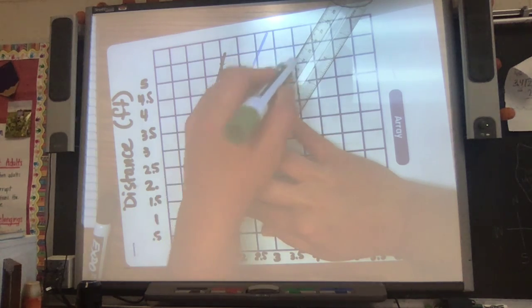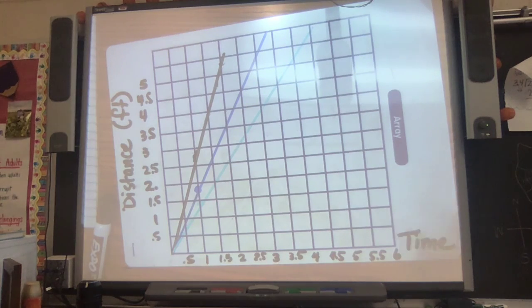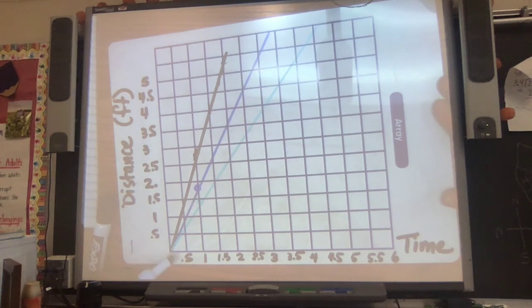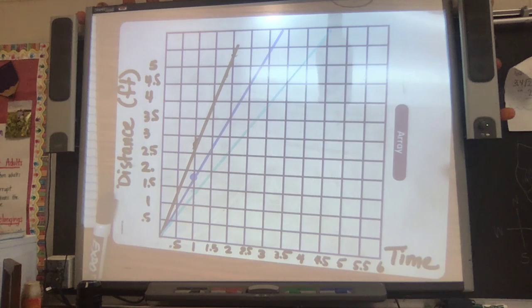We're going to draw a line. And we see that the slower our car goes, the lower the incline on our graph. So the faster it goes, the steeper our line is going to be.